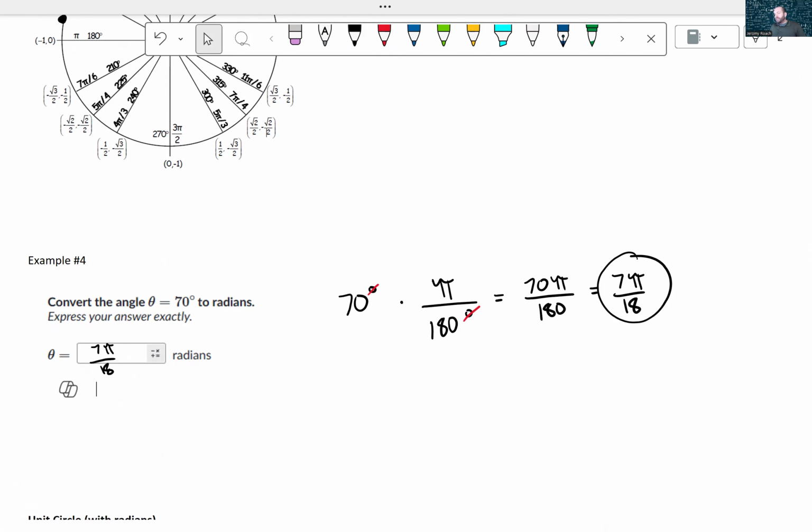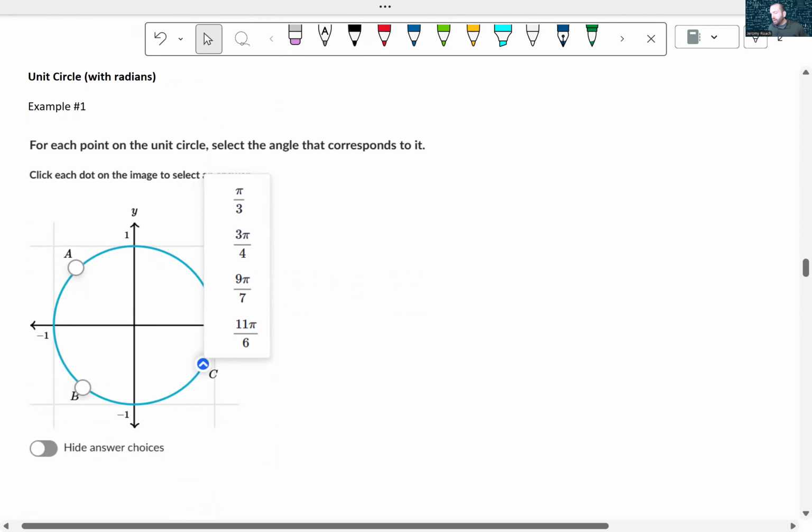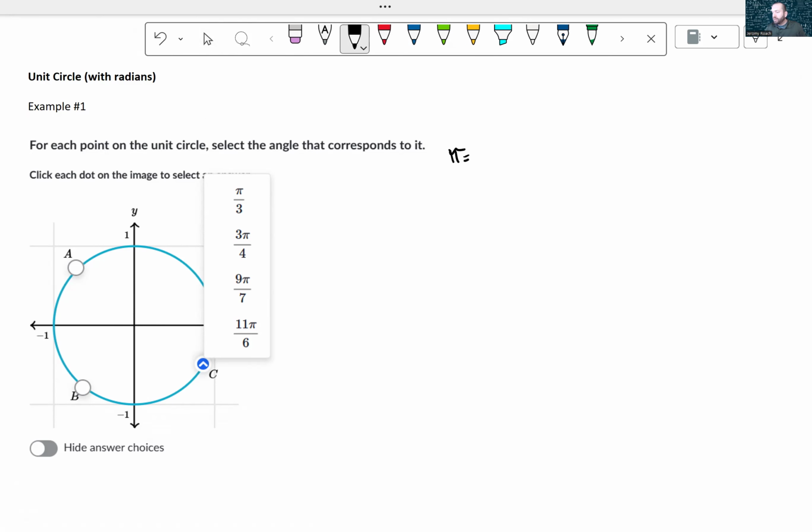All right, now we're going to take a look at the unit circle with radians. And this is very similar to what we did earlier when we were looking at where point A is located, or what the points A, B, and C are in terms of degrees, except now they're in radians. And so I would say the easiest way to do these would be, first of all, use our shortcut that pi is equal to 180 degrees, and just change all of these into degrees.